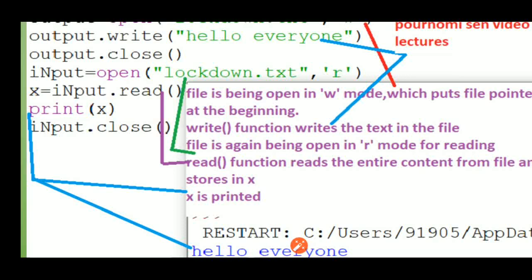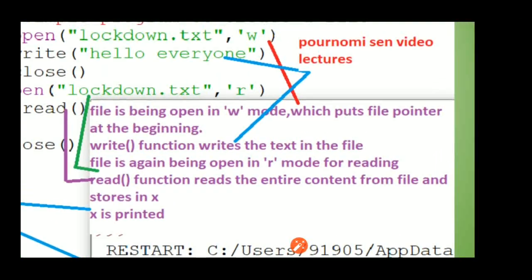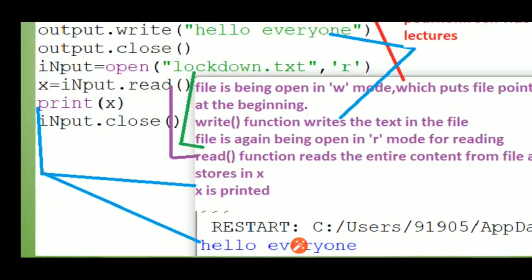That means in x you store all the content of the file which is now connected through input. Now input is connected to lockdown.txt. So whatever has been written inside lockdown.txt will be first read and then stored in x. The read function reads the entire content of the file and stores it in x.